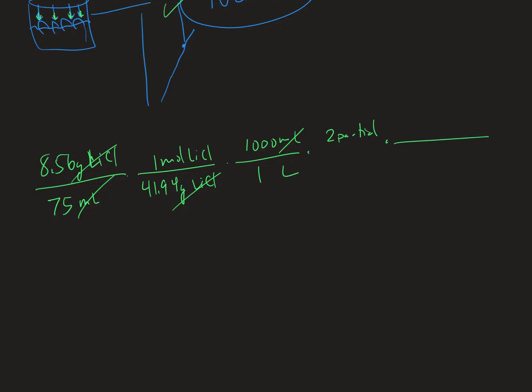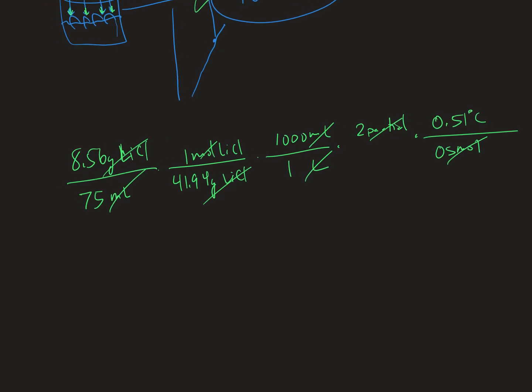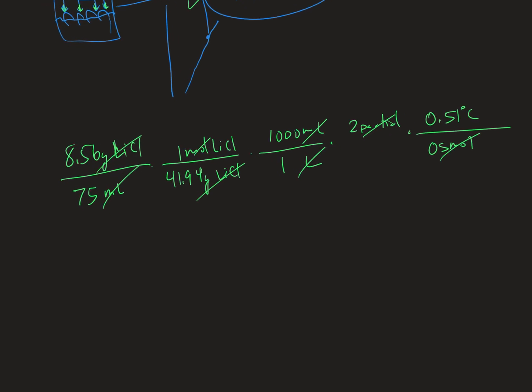And we increase our temperature 0.51 degrees Celsius per osmolarity. So moles per liter times particles is osmolarity. It's the same math, all condensed into one little itty-bitty problem.